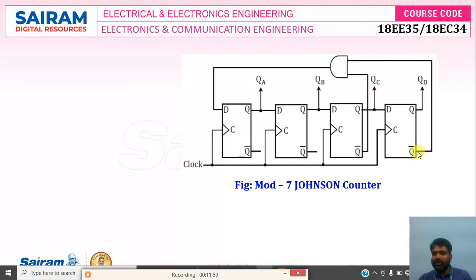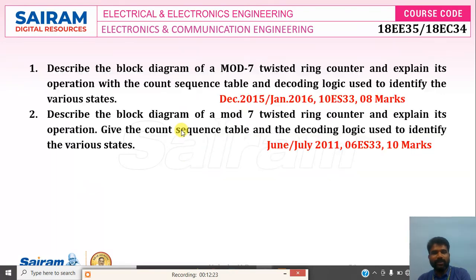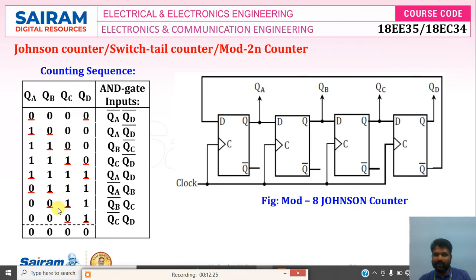In the previous diagram, Q bar was directly connected to the input of the leftmost flip-flop. Now here QD bar is connected to one input of an AND gate and QC bar is connected to the other input of the AND gate, and its output is connected back here. That means we need to decide that one among these states should be avoided. Now see, we avoid this state.